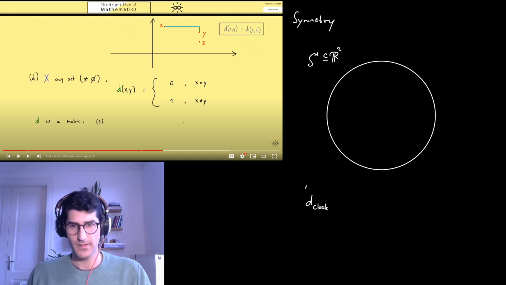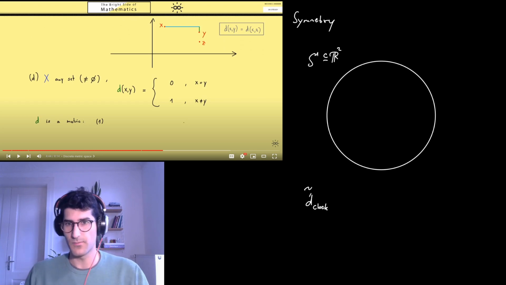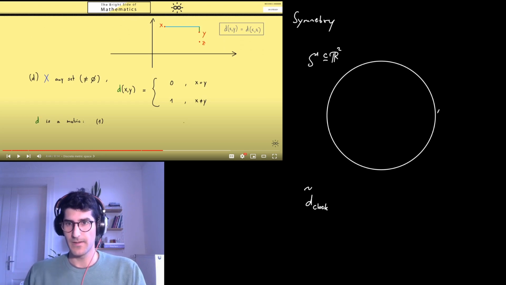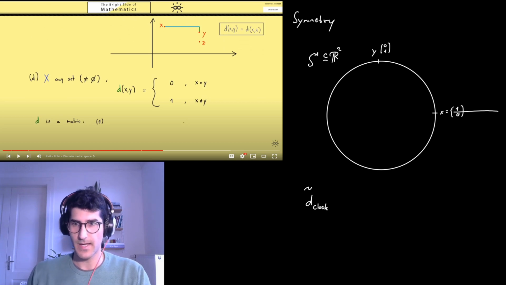So how does this notion of distance work? We have a circle, and let's say we have one point here, which is the point x = (1, 0), and we have another point here, y = (0, 1).